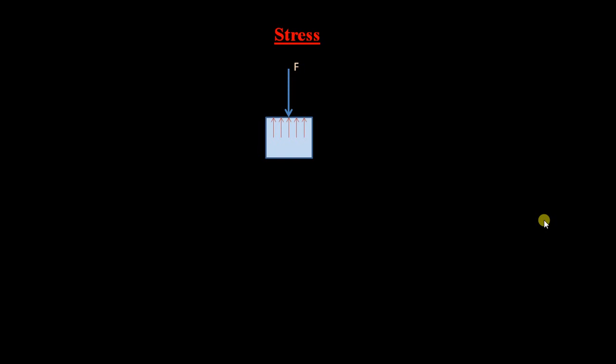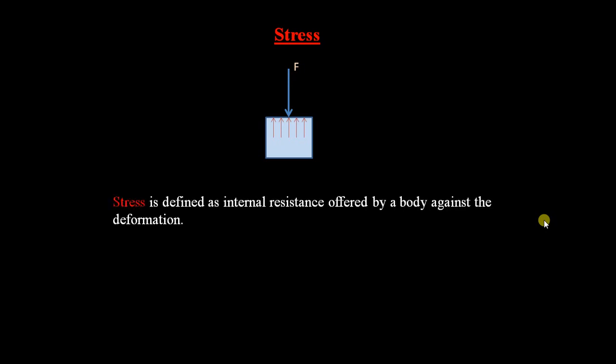So this internal resistance per unit area is called stress, or we can say the internal resistance offered by the body against the deformation is called stress. The definition is: stress is an internal resistance offered by a body against the deformation, and that deformation is caused by the force we are applying externally over the body.